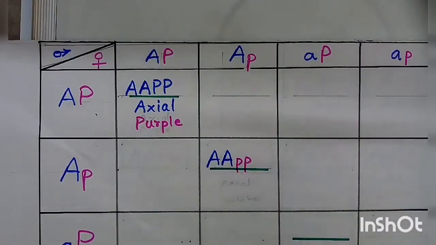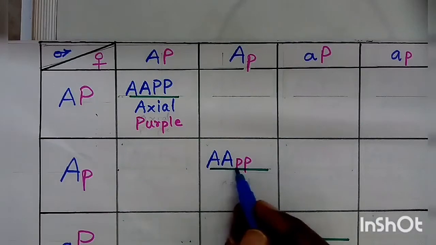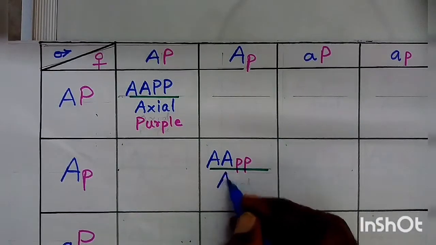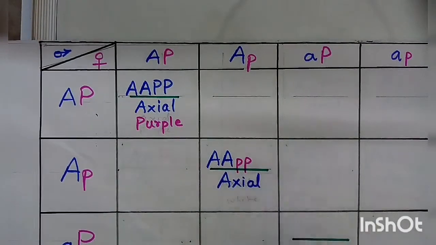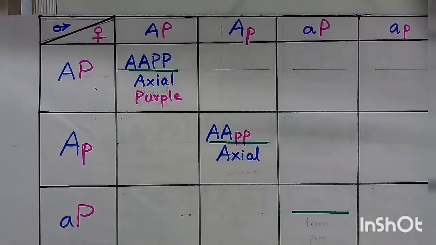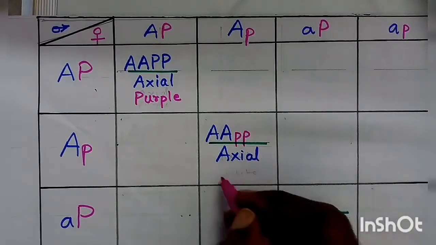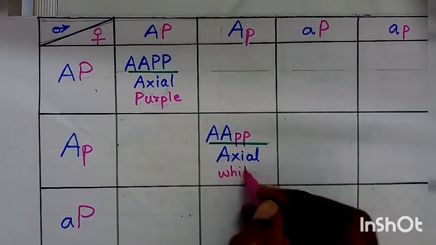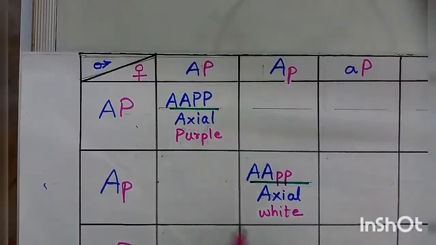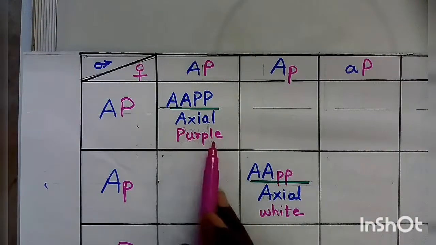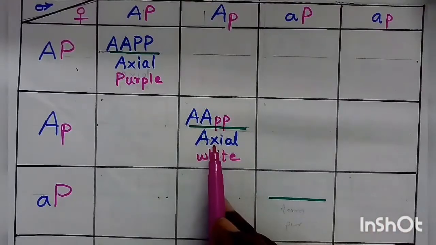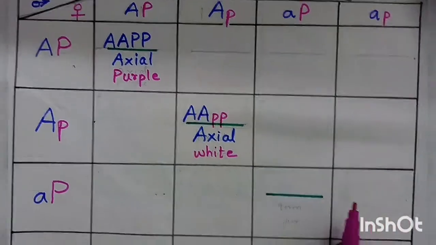What will be its genotype? Capital A represents axial position of flower, and small p represents white color of flowers. See, the first progeny we have got is axial and purple. The second progeny is different. It is axial and white.